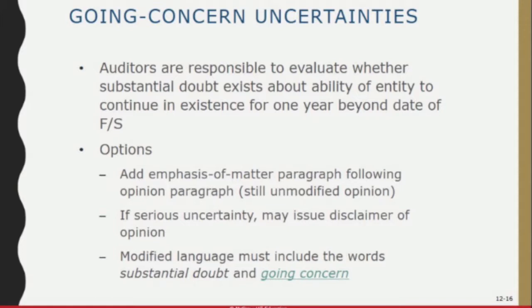If the auditor judged that there's a serious uncertainty, and again, it's the auditor's judgment. So the going concern opinion is very much a judgment opinion, right? Because the auditor has no crystal ball about whether or not the company is going to go bankrupt or not be able to continue as a going concern. So they're just evaluating the evidence that they receive.